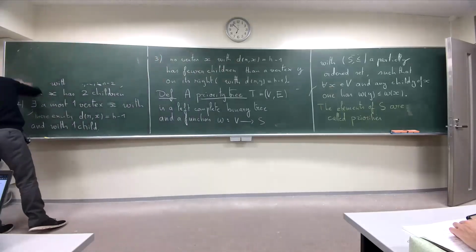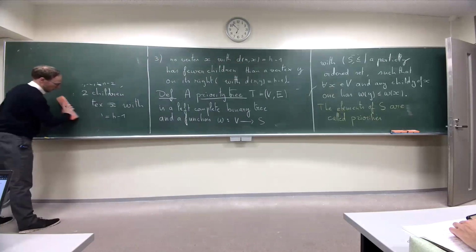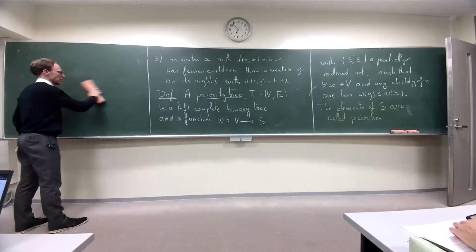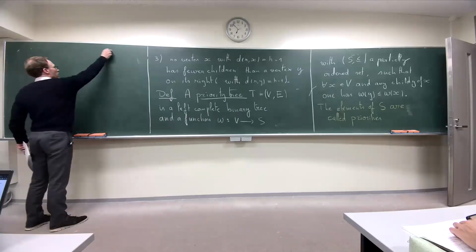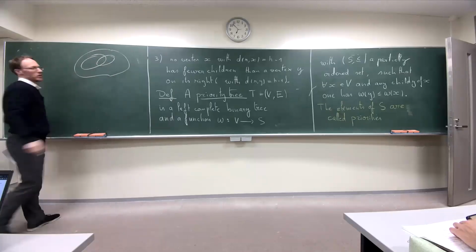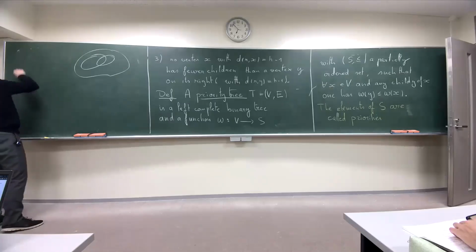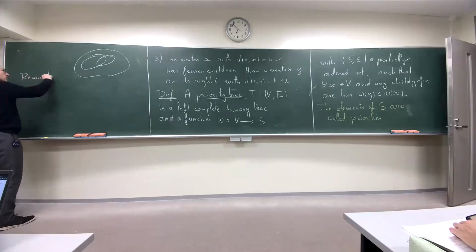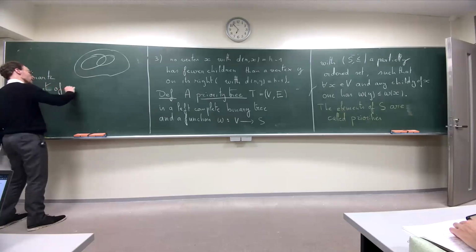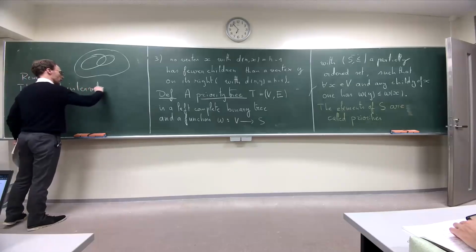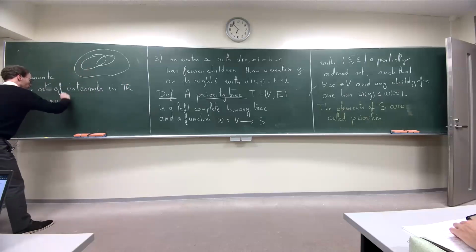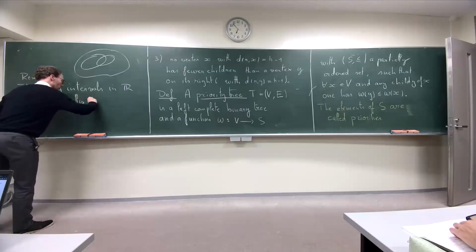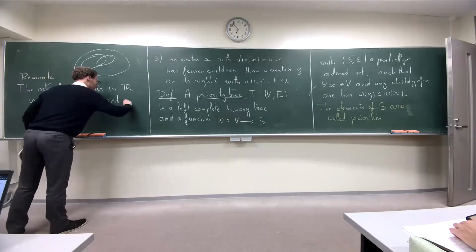So in the notes, you can see one example of such a priority tree with intervals, because before I made this picture with sets, but you can think about intervals. So remark: the set of intervals in R is a partially ordered set.